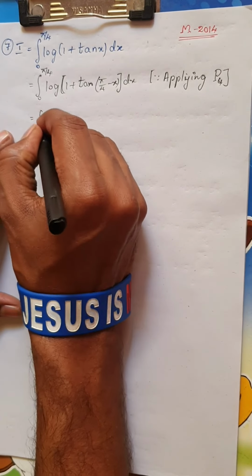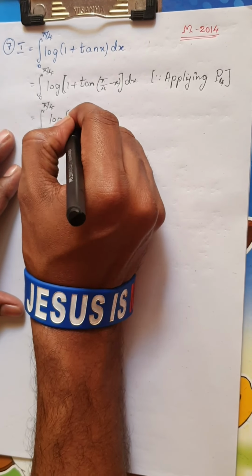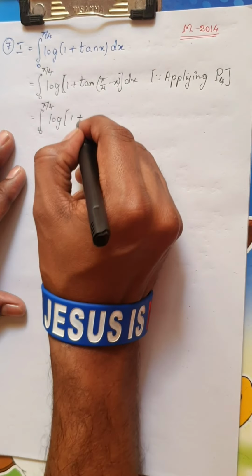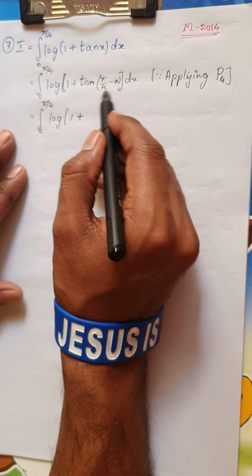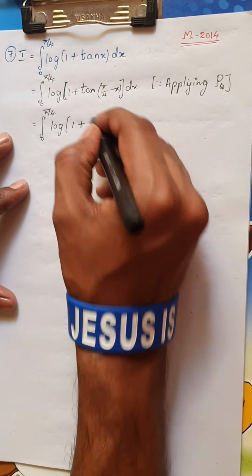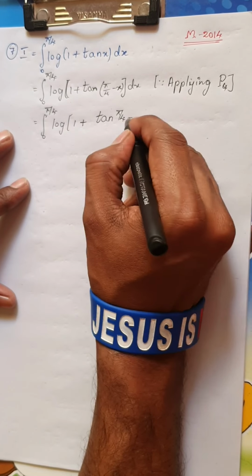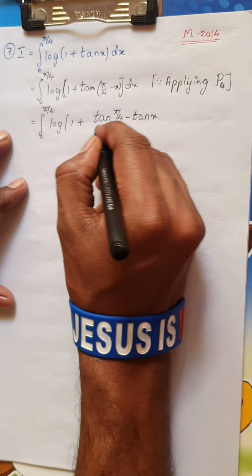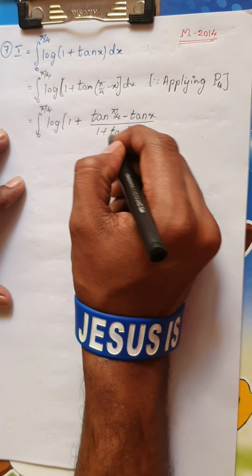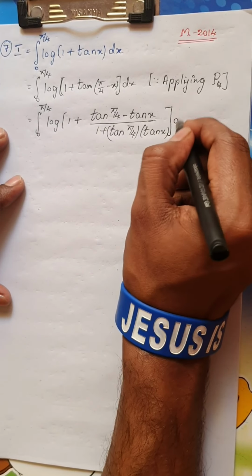This is nothing but integral from 0 to pi by 4, log of 1 plus, now this is of the form tan of a minus b. We know the formula in trigonometry, tan of a minus b is tan a minus tan b divided by 1 plus tan a into tan b. So you can write it as tan of a, that is tan 45, tan pi by 4, isn't it? So it is tan a minus tan b divided by 1 plus tan a, that is tan pi by 4, into tan b, that is tan x, dx.